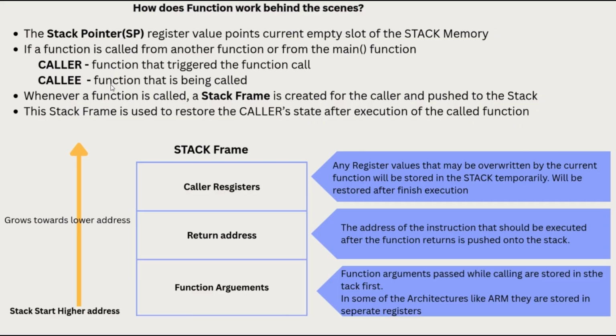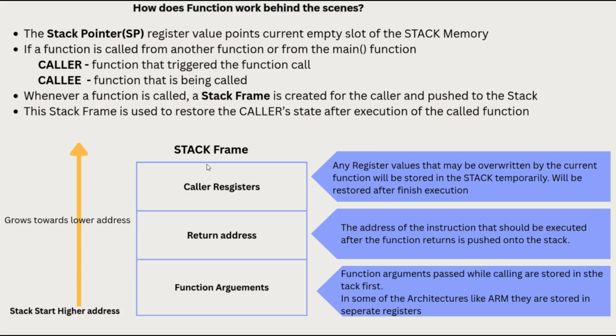The function which is being called, which will be executed, is the callee. Remember these terms. Once the callee function is over, it uses the stack frame to restore. Say you have multiple instructions in the caller function, and at one instruction it calls another function. It resumes from the next instruction using this stack frame.